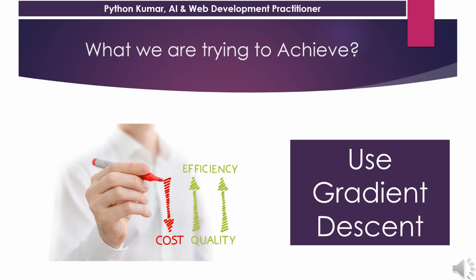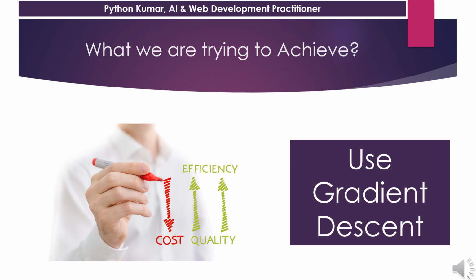Previously we have already learned about cost. Now the idea of what we try to achieve is to reduce the cost, that is, reduce the error that I am making, so that I can increase efficiency and increase the quality of my learning.